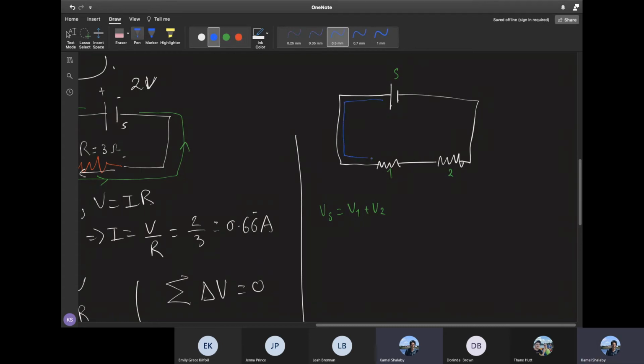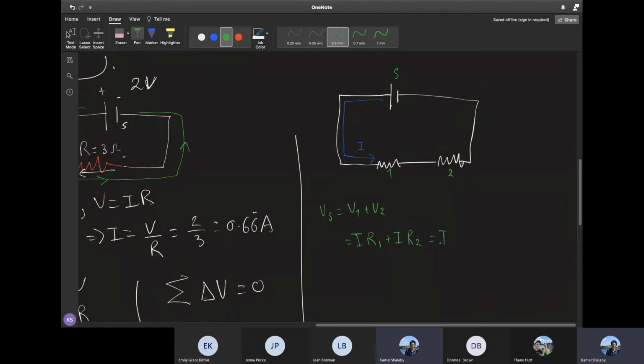So since they have the same current, you have current I going in here. This is I. Then V1 is equal to the I that you have multiplied by R1 plus the same I multiplied by R2.